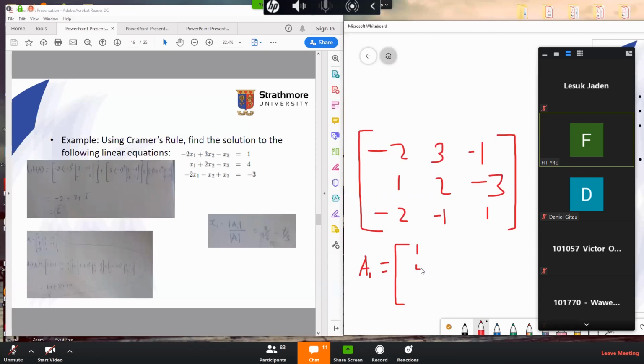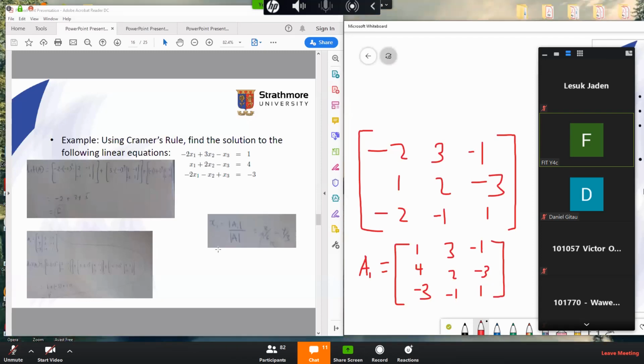So it will be now 1, 4, -3, then 3, 2, -1. The rest remains -1, -3, and 1. Then you also get the determinant of this one. Then to get the first solution, x1, you just divide the determinant of A1 by the determinant of A. So you can actually try to solve for x2 and also for x3.